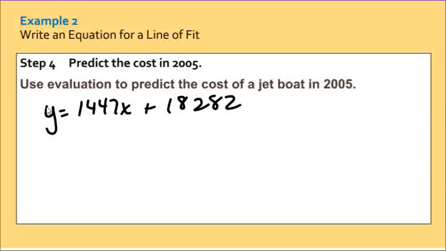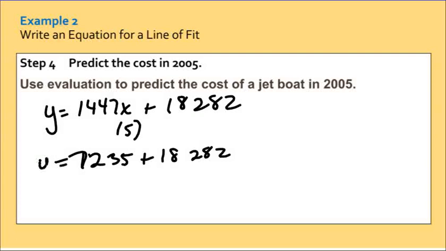Predict the cost of a jet boat in 2005. So in 2005 is 5 years after 2000. So I'm going to put a 5 here. So now if I do 1447 times 5, that gives us 7235 plus 18,282 gives us an answer of 25,517.